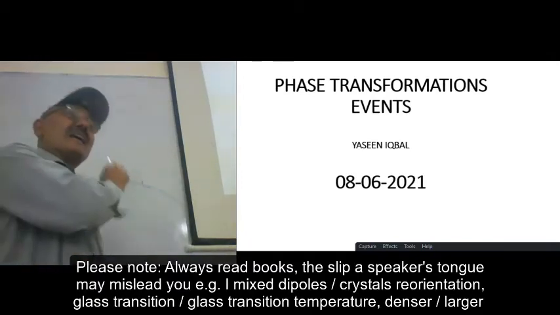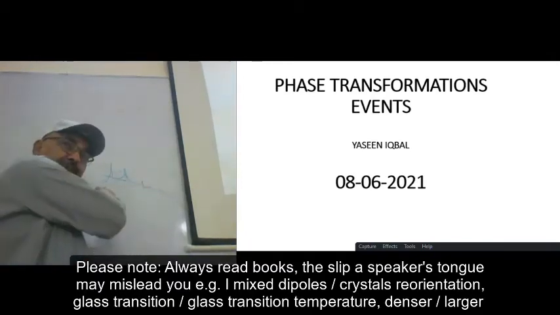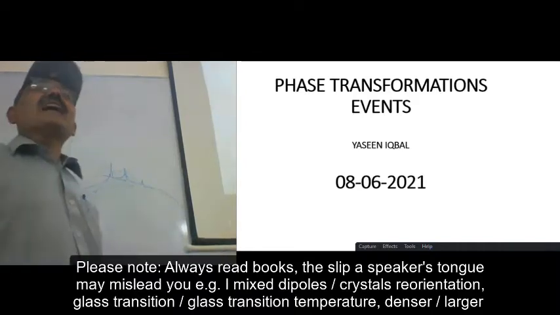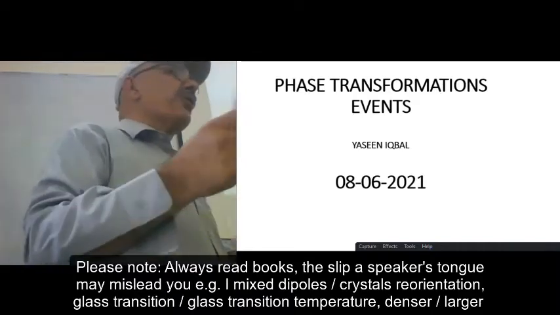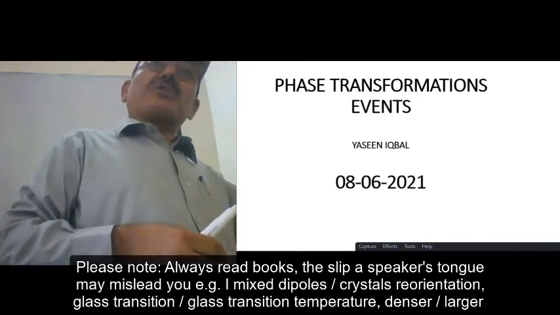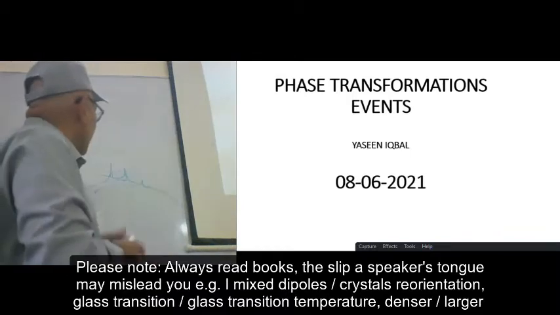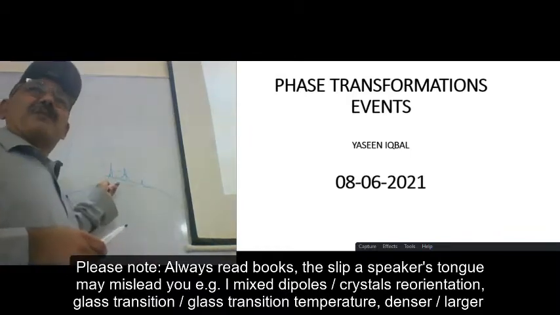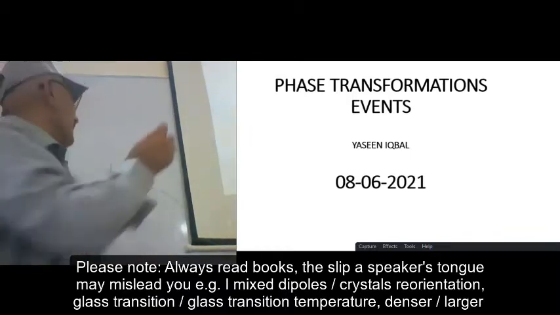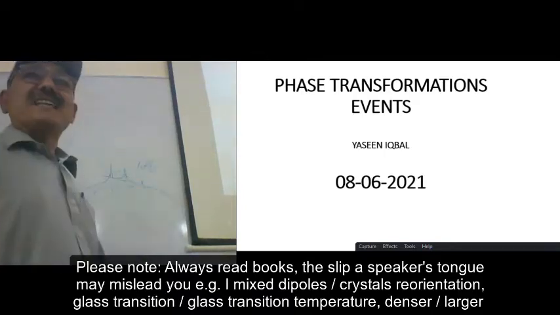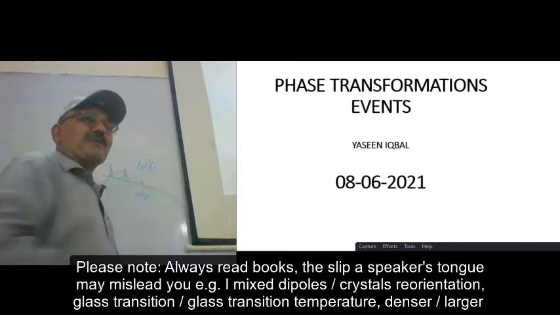So measure the area under the hump and measure the area under the peak, and it will give you the ratio of the crystallized portion of the material and the amorphous portion of the material. I did it and I found that 5% or 10% of the material is crystallized and 90% is amorphous.